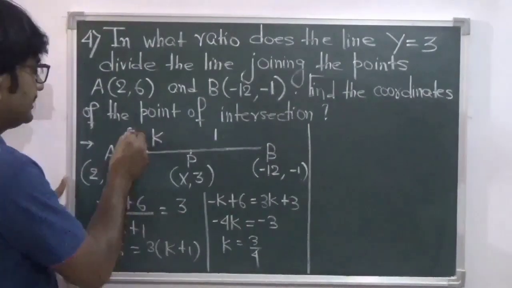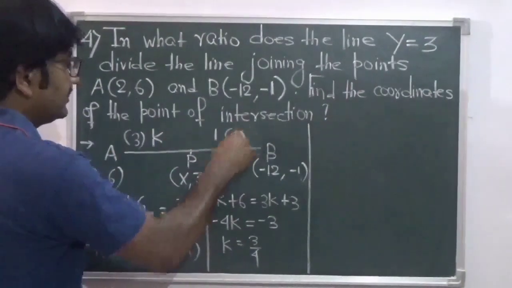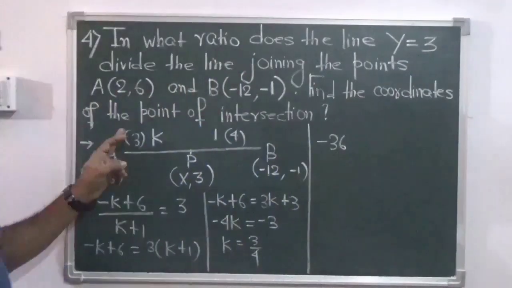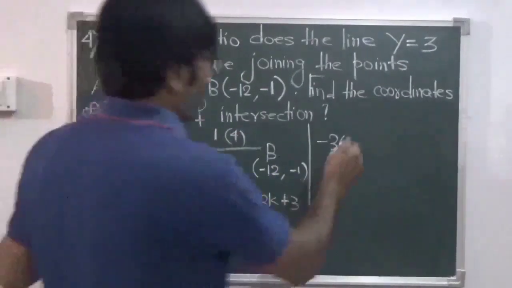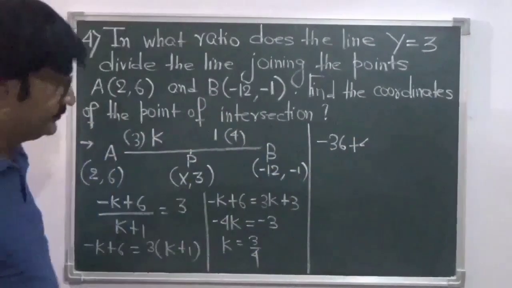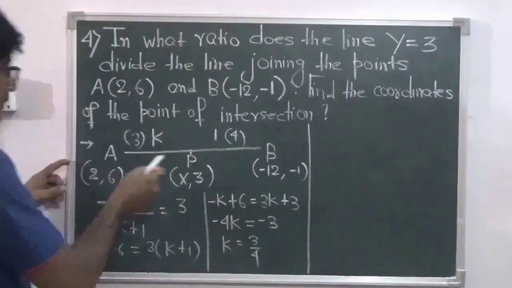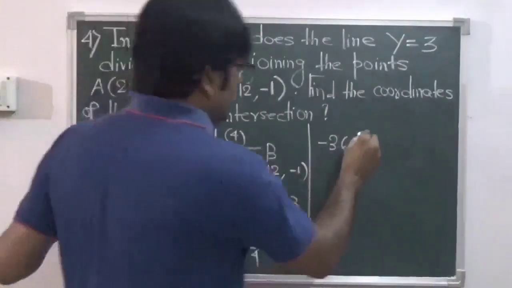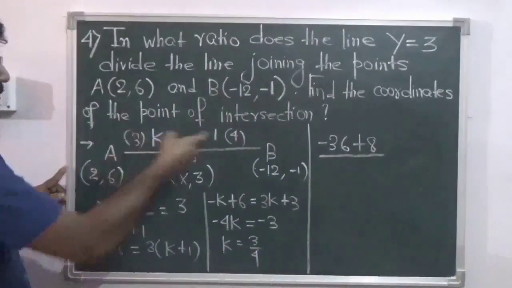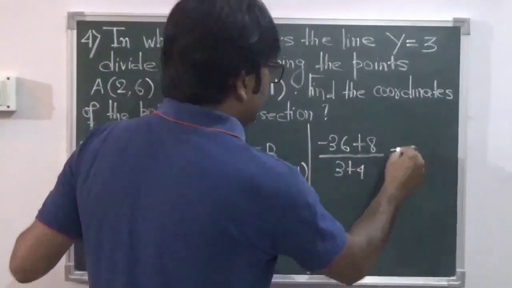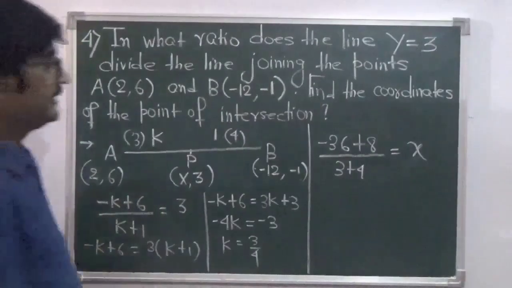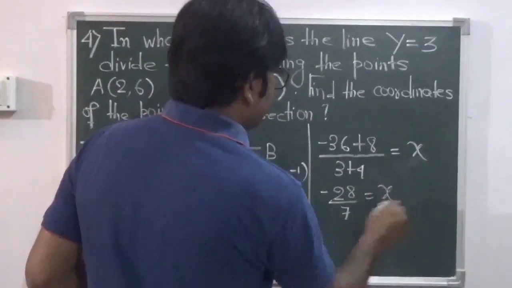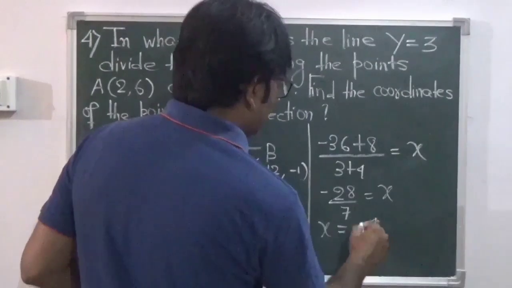So we take 3 into minus 12, that is minus 36, plus 4 into 2, that is 8, divided by 3 plus 4, and that is equal to x. So minus 28 by 7 equals x, so x equals minus 4.